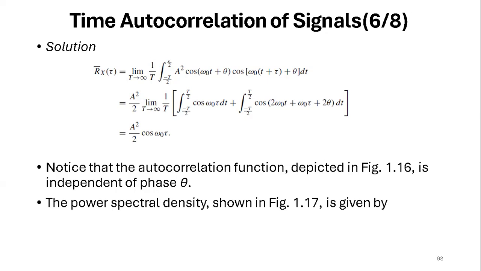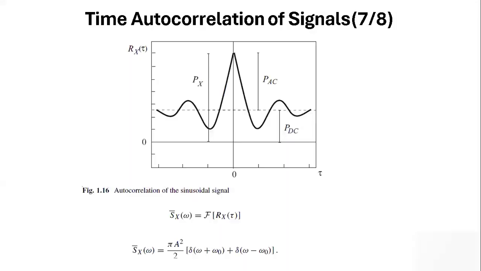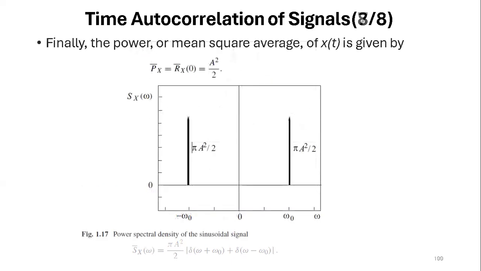Notice that the autocorrelation function, shown in figure 1.6, is independent of the phase theta and has the same frequency as the signal. The power spectral density is Sx(omega) equals pi A squared over 2 times the impulse function at omega plus omega naught plus the impulse function at omega minus omega naught.